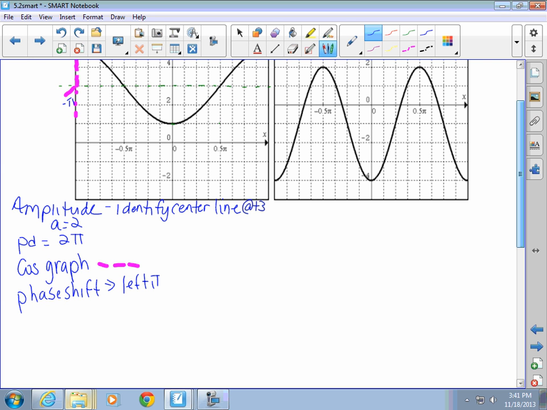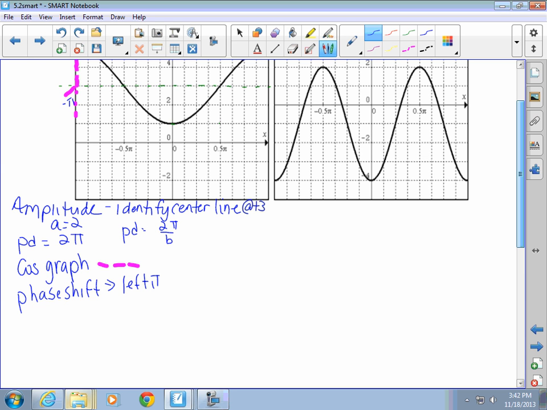This completed one full cycle in 2 pi, so then you could find what your B is. Normally when we do our period, let me write it this way, that'll help: 2 pi over b.